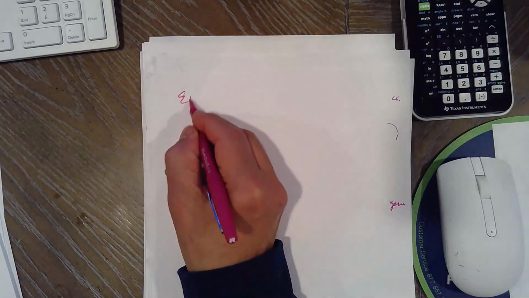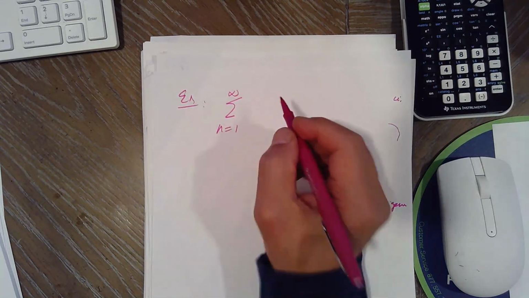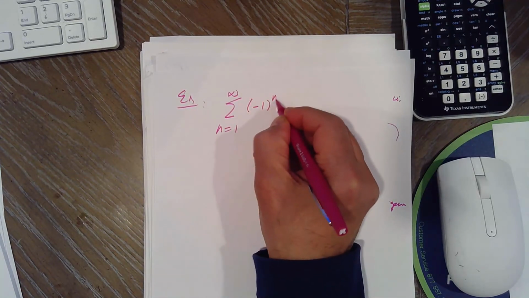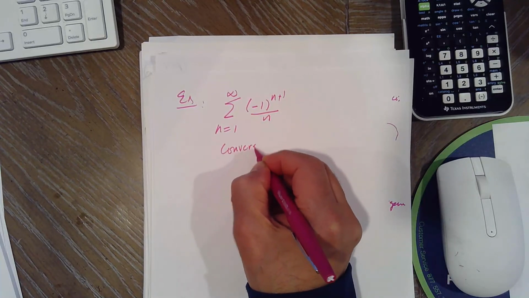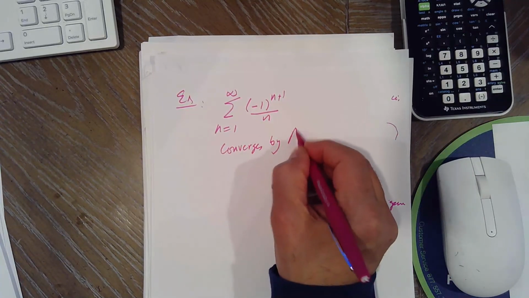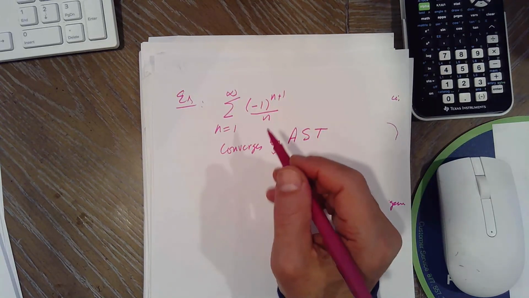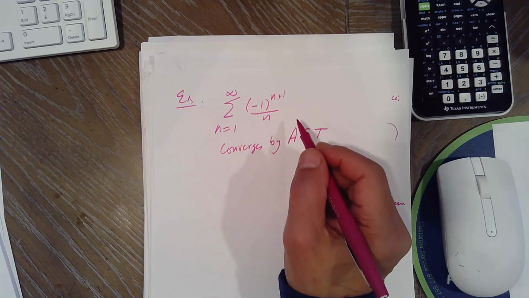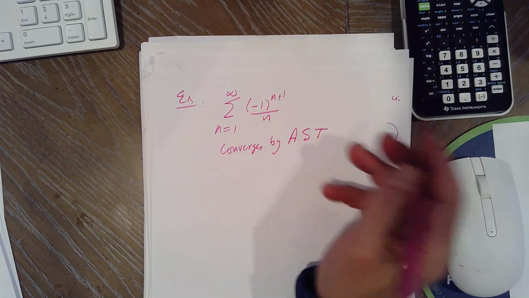Here's an example. Sigma n equals 1 to infinity of negative 1 to the n plus 1 over n. This converges by the alternating series test. The sequence is decreasing, positive, and the limit goes to 0, so it converges.